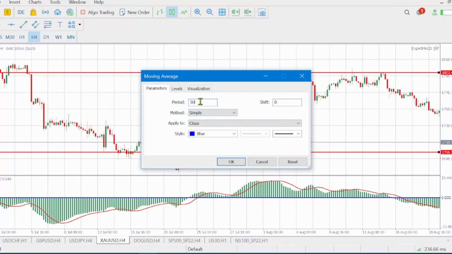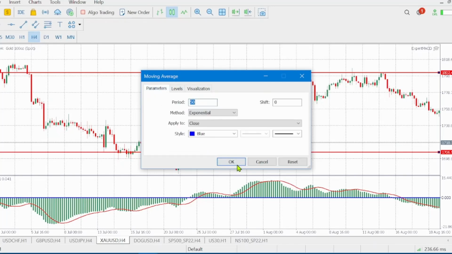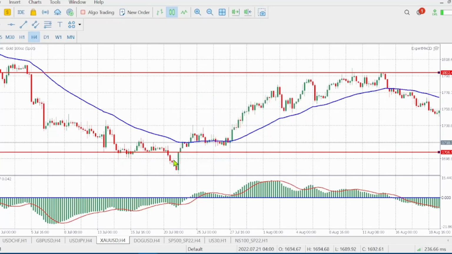The period should be 50 and the method should be exponential moving average. Then leave everything as it is. Press OK. Nice. Moving averages are used because they respond more quickly to changes in price.